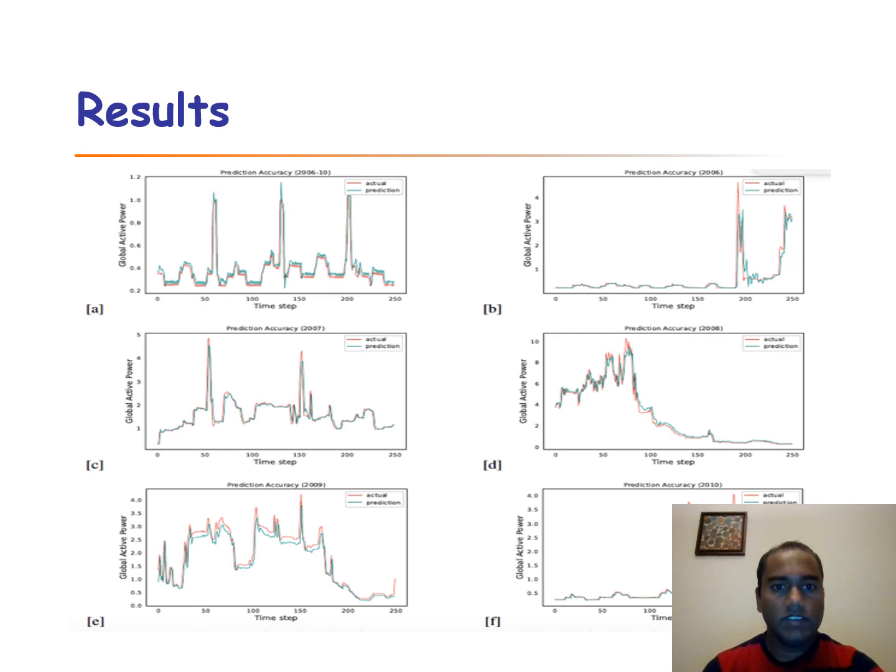This is another one, showing for each time step the actual versus the prediction results. They are pretty close. That is good for a model: when the actual and prediction are pretty close, it means you don't have much deviation. That's another result you can see here.